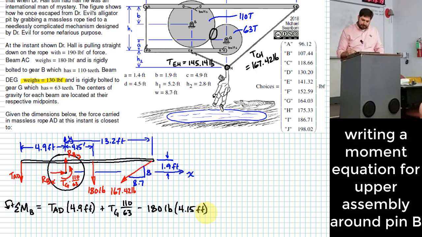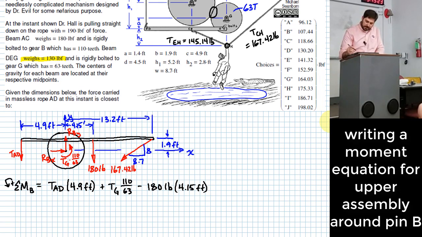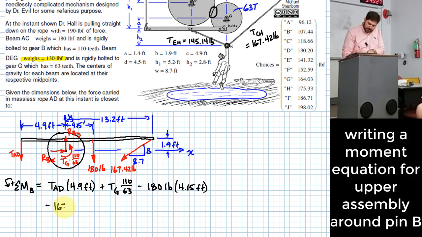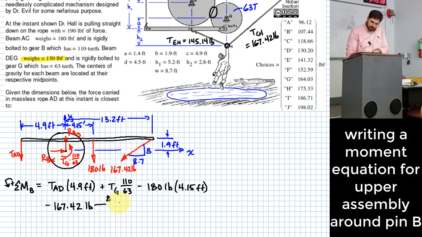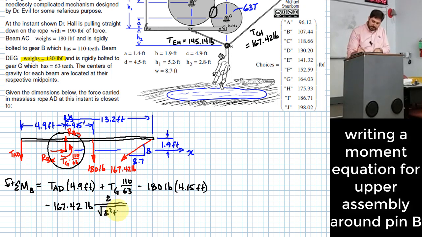Then what? Go down below here and go to minus 167.42 pounds. Okay. I want just the vertical component first, so I'll multiply by 8 over the square root of 8 squared plus 8.7 squared.